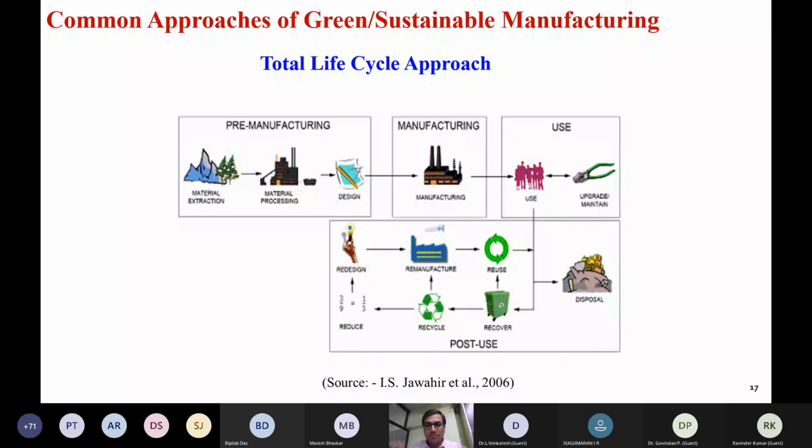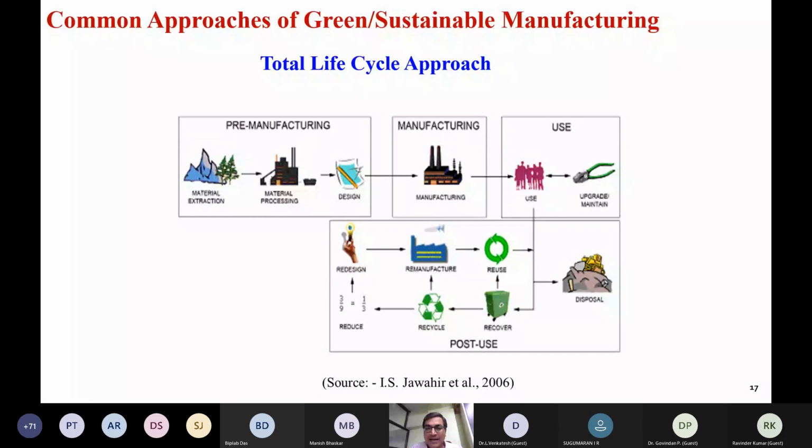No, we should design our product in that way. That is the post-use stage. These are the stages where you can bring in the concepts. In all these four stages, manufacturing companies have to change their mindset to make their existing manufacturing practices more green.